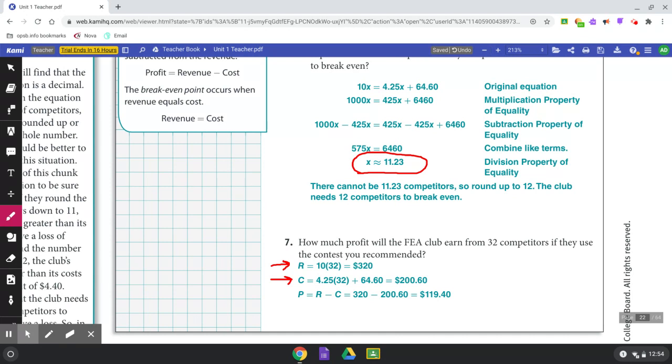When you substitute in 32, you get $200.60. Now their profit is the revenue minus cost, the $320 minus the $200.60 that it costs to perform. So their profit ends up being $119.40.